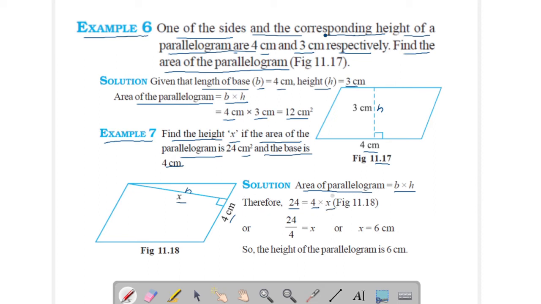From this equation, find the value of x. The x will be given by 24 upon 4 equal to x. And if you simplify it, you will get x is equal to 6 centimeters. So the height of the parallelogram is 6 centimeters. This is your answer.